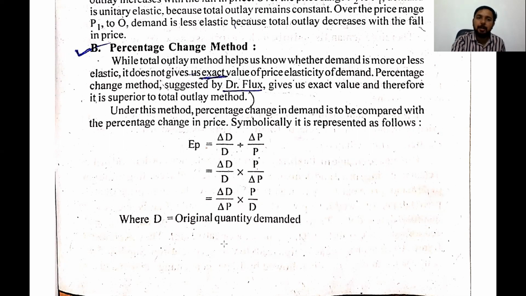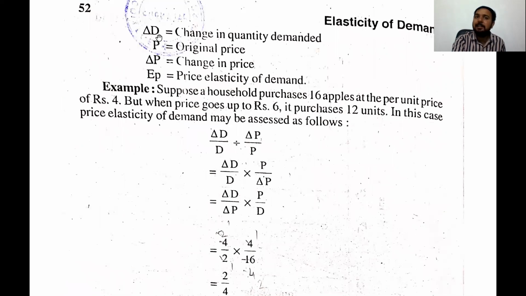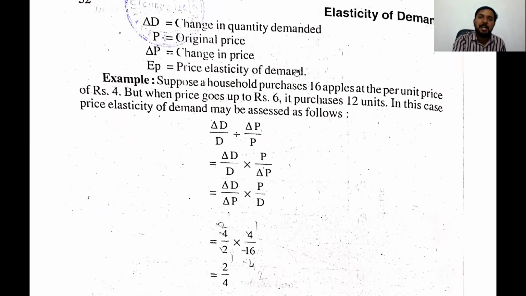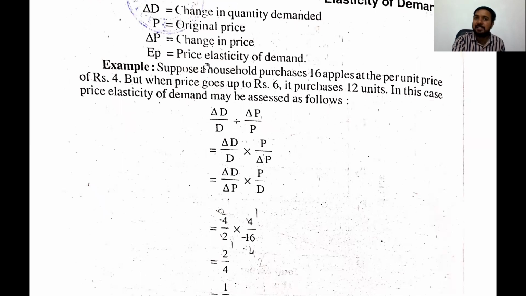Here we are given the terminology, where D is the original quantity demanded, delta D is the change in quantity demanded, P is the original price, delta P is the change in price, and EP is the price elasticity of demand. Here we are given the example.